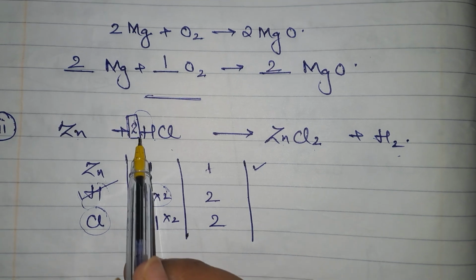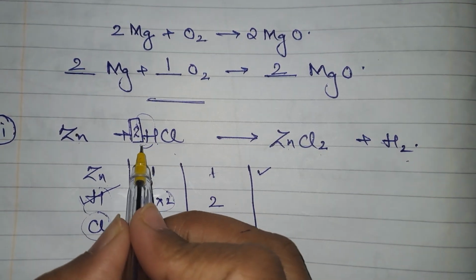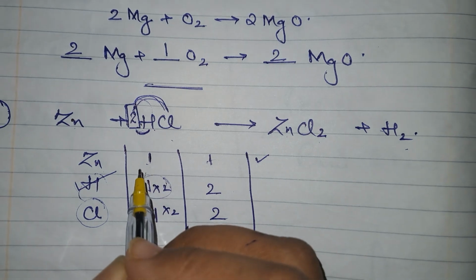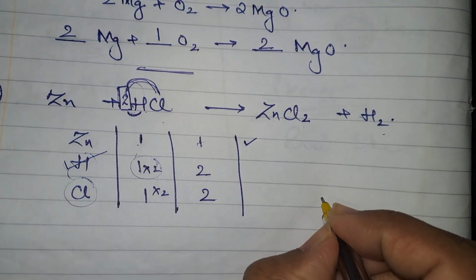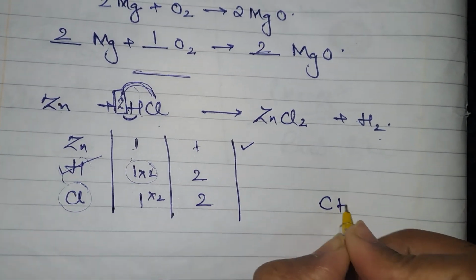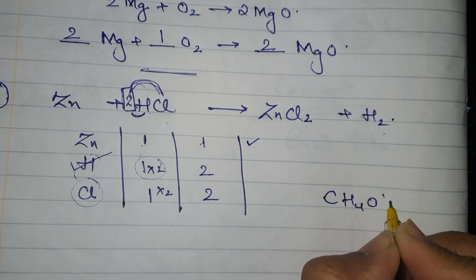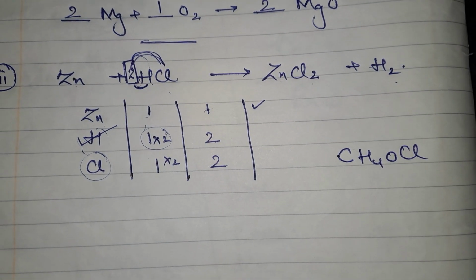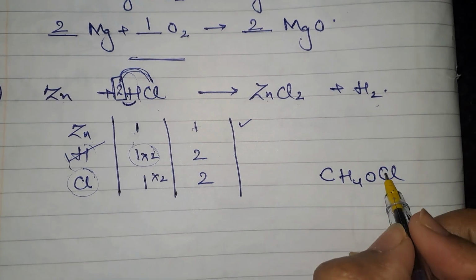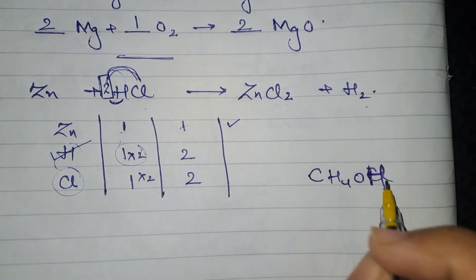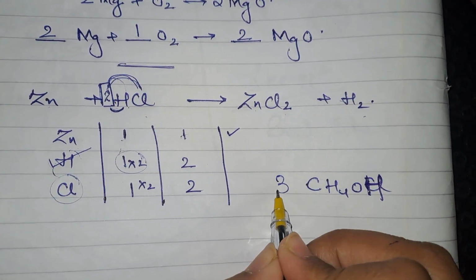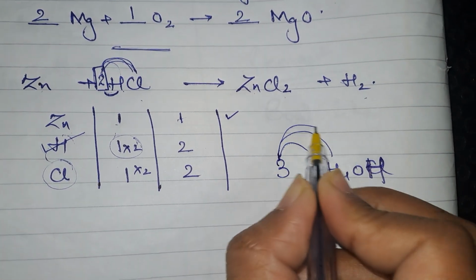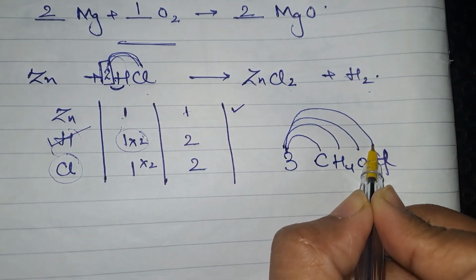This 2 does not apply only for hydrogen, it is for chlorine as well. So when you're putting a number, suppose you have CH3OH, and I put a number 3 in front of it. That means this 3 is for carbon, hydrogen, oxygen, and the last hydrogen in it.